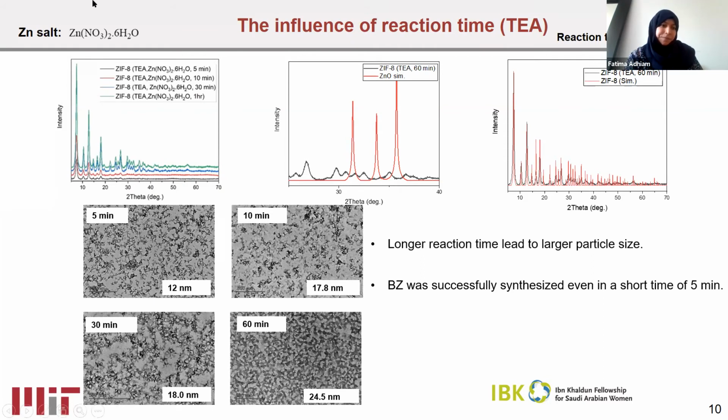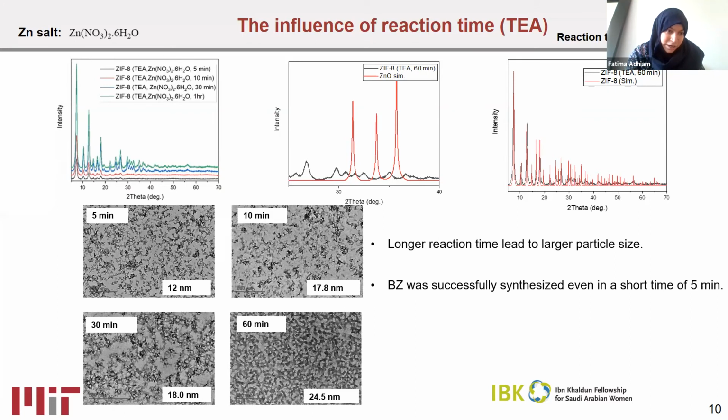And here, for the reaction that lasted 60 minutes, we can see the green peak here; the intensity and the sharpness of the green peak is much higher, for example, than the material synthesized for 5 minutes.